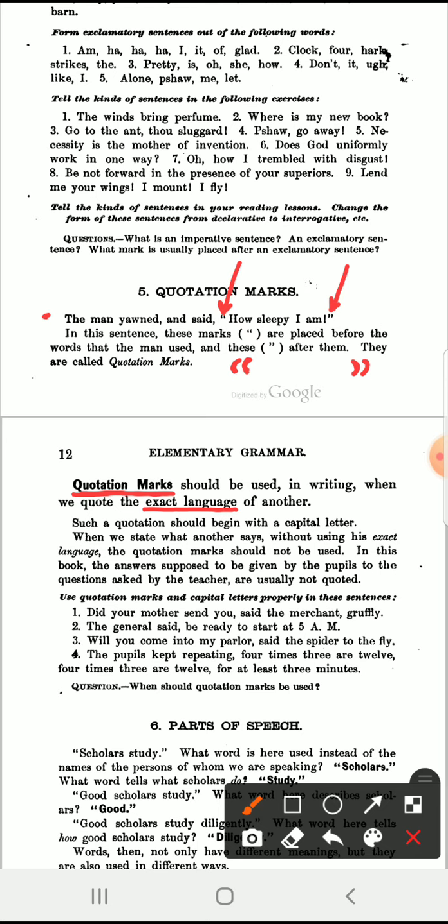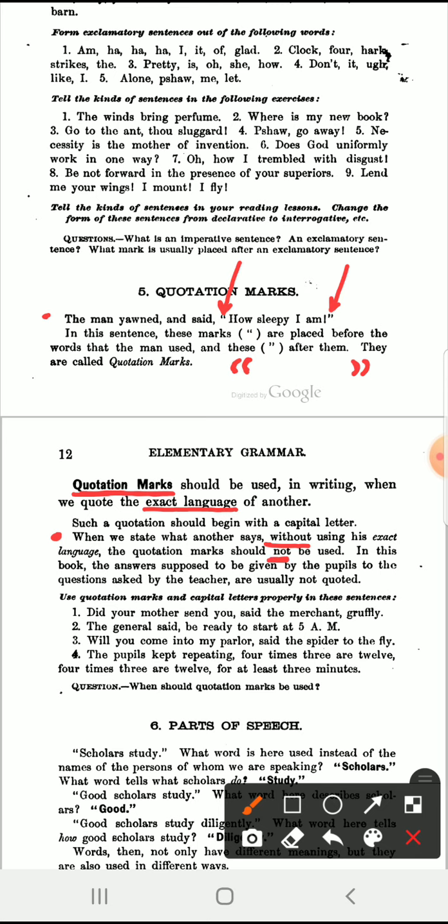I want to skip down a little bit to this point down here. We read, "When we state what another person says without using his exact language, the quotation marks should not be used."